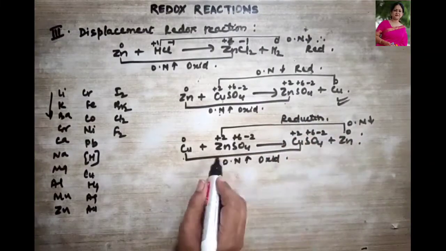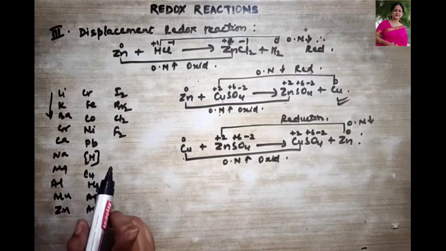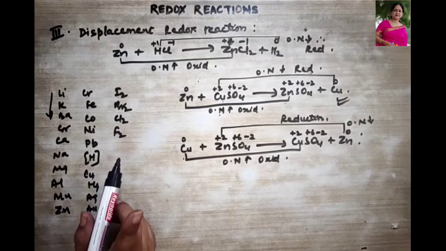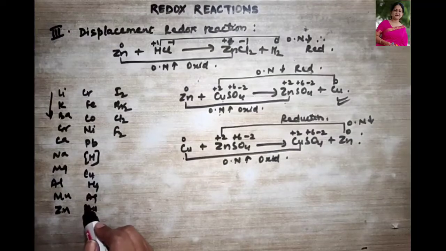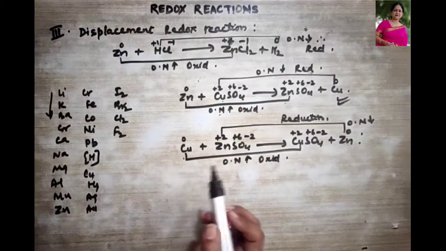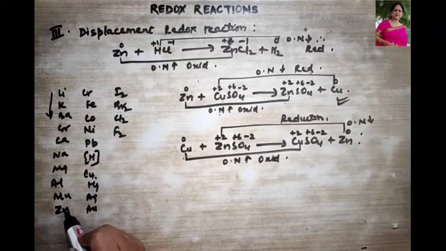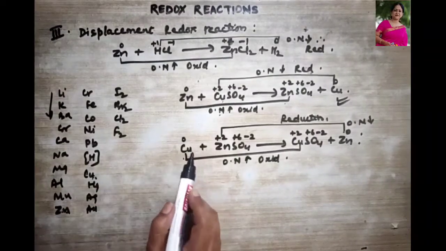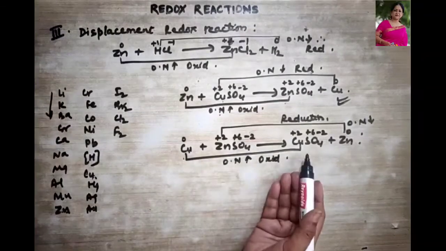Is it possible for zinc to show reduction? Because zinc is above copper, it cannot show reduction, because as I said just now, the lower elements have the tendency to get reduced. So which one is the lower element over here? Copper is the lower element than zinc. So copper has the tendency to get reduced, whereas in this reaction what are we seeing?